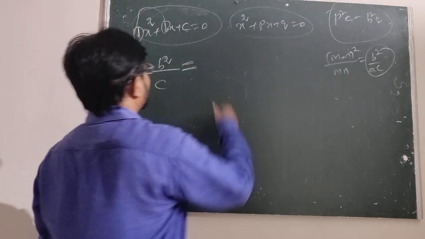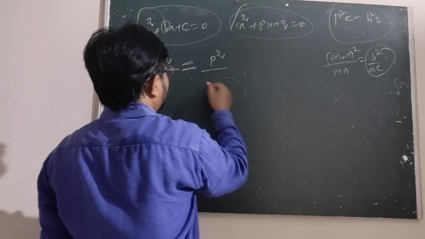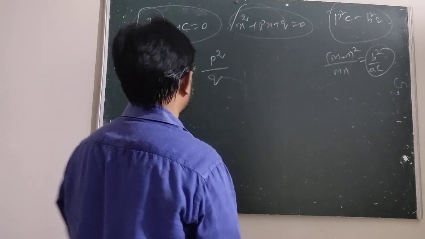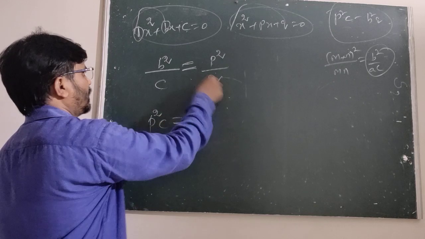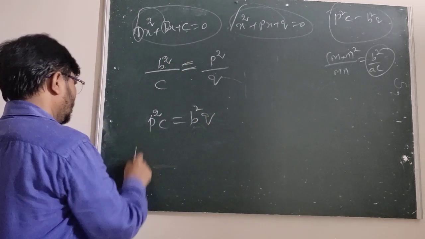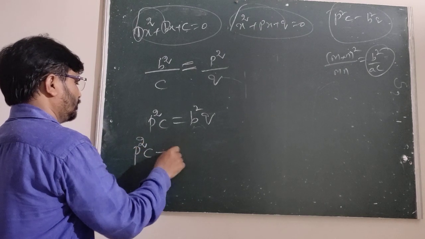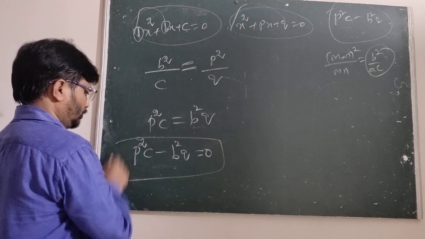Now for the other equation this is p square by q, since a is 1. So p square into c, p square c, equals b square into q, b square q. The value of p square c minus b square q equal to 0.